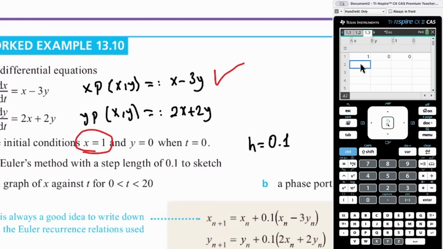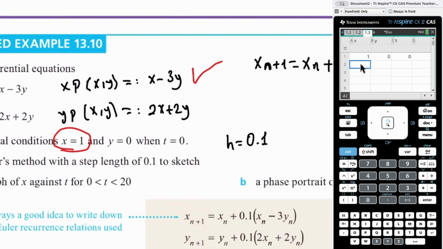This is our initial condition. Now, what is the next one? The next term, x n plus 1, is the initial value of x plus h times our function x prime, right?